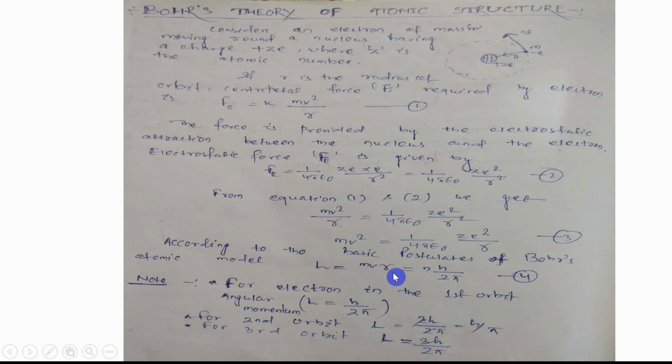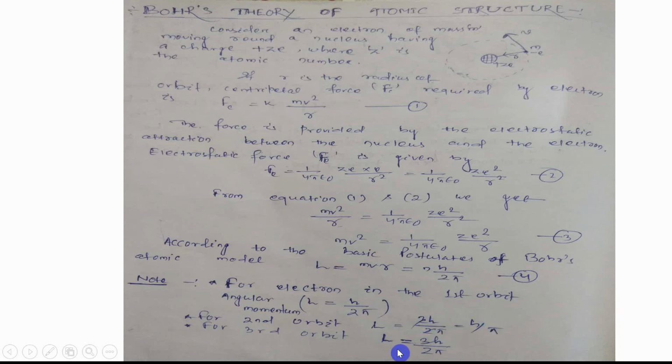Similarly, if the question is what is the angular momentum in the second orbit, we put n equal to 2. It is an integral multiple, so no fraction or decimal number can be taken, only integers: first orbit, second orbit, third orbit, like that. So in the second orbit L equal to 2h by 2 pi, the 2 cancels out, so h by pi.